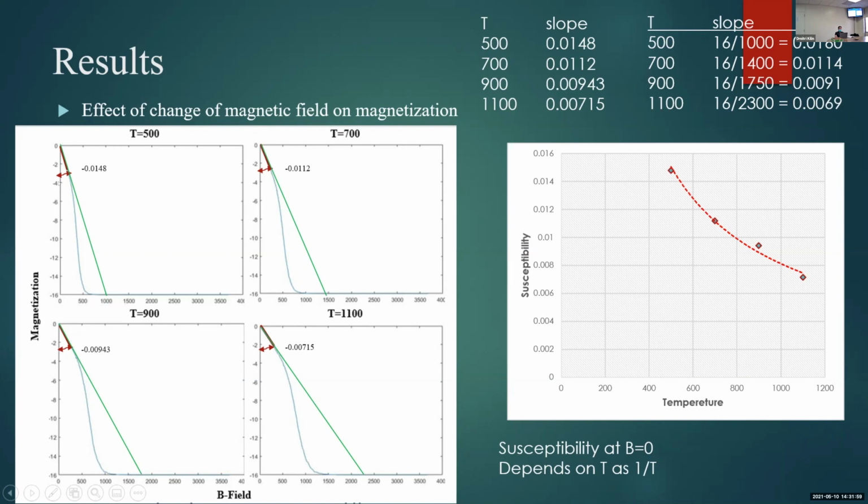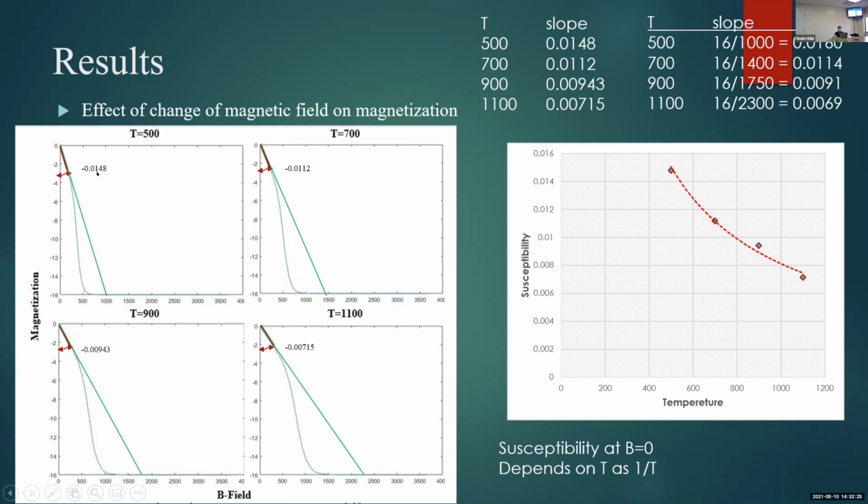Okay. So as you see, I calculated the slope of each figure for each temperature. And in the starting point, which means in a low magnetic field, the relation of magnetization and the change of magnetic field is linear.